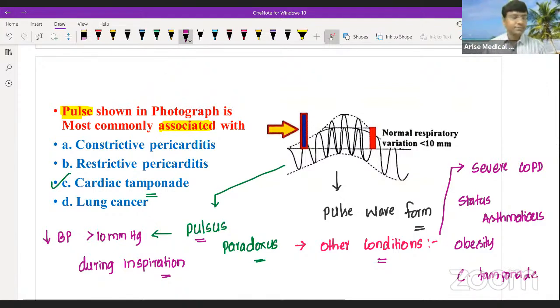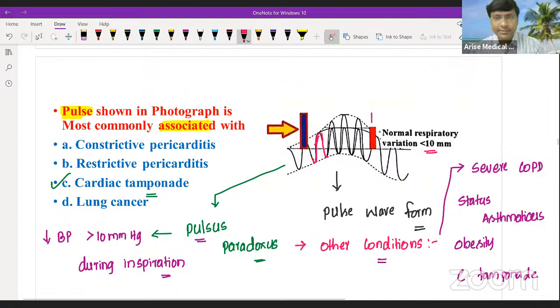Now, let me explain that in the image also. Whatever is shown in this particular waveform is your blood pressure. How much does the blood pressure fall in a normal individual? Less than 10 millimeters of mercury.